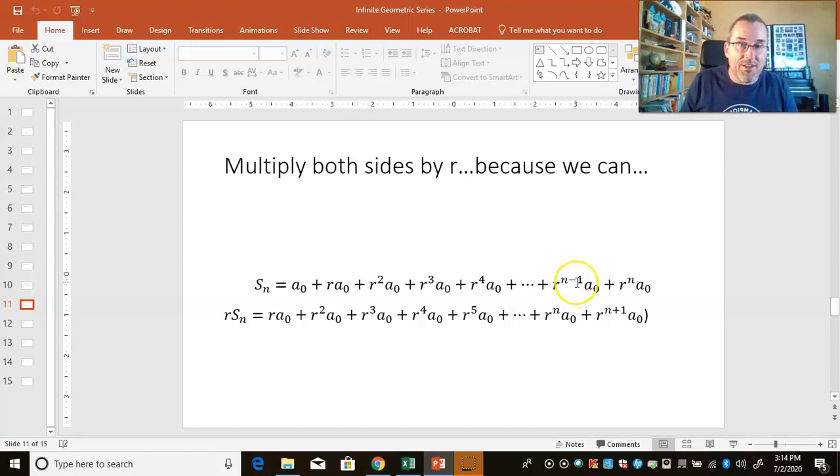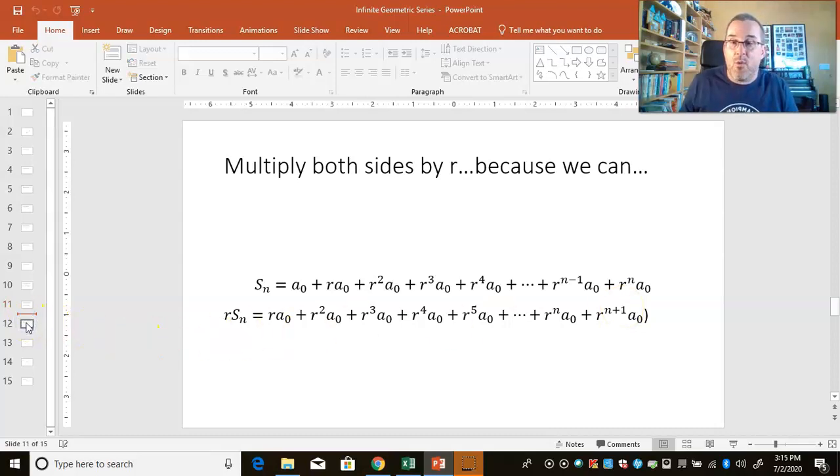So if you took r to the n minus 1, let's just say like r to the 99th, and multiply by r, you're going to get r to the 100th. You're going to get the next exponent, n. And then when you multiply by r on that last term, you're going to get one more multiplier of r, so r to the n plus 1.